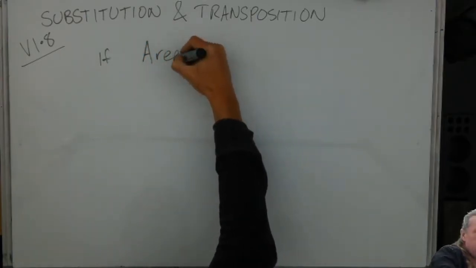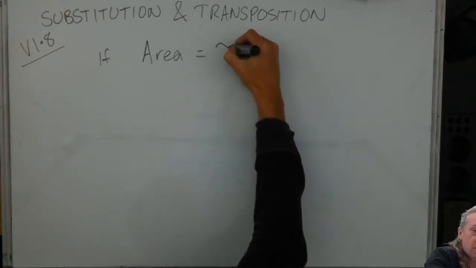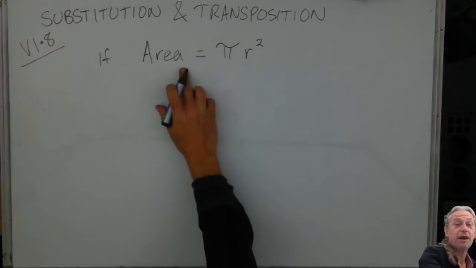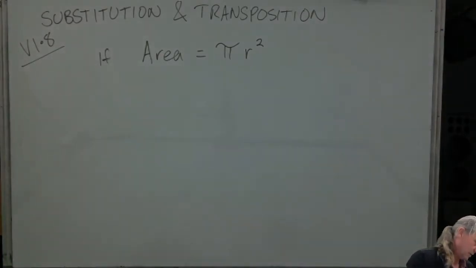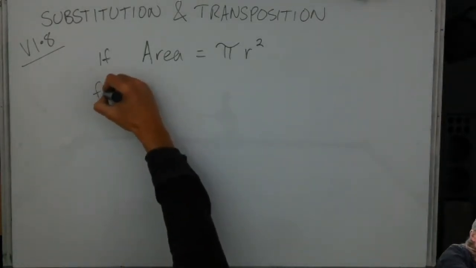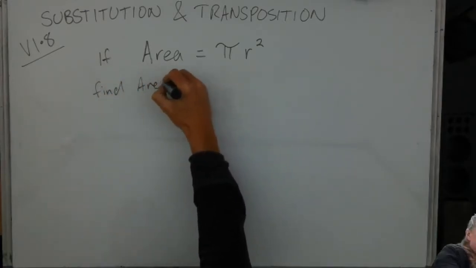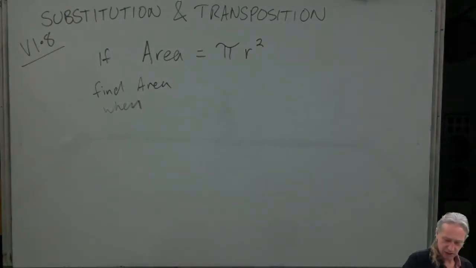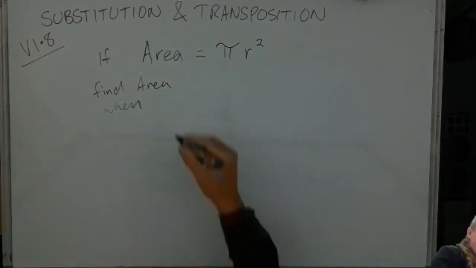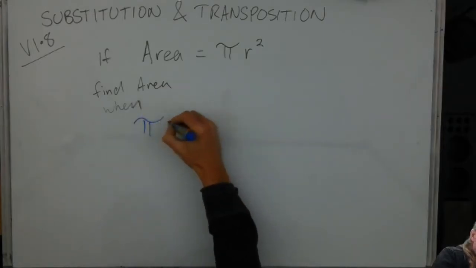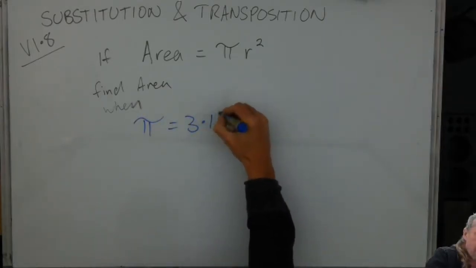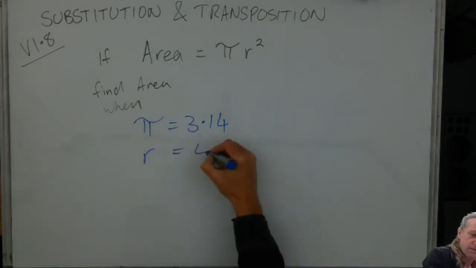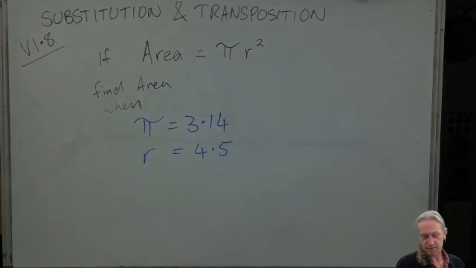If area equals pi r squared, so we're talking about the area of a circle, find the area when pi equals 3.14 and r equals 4.5.